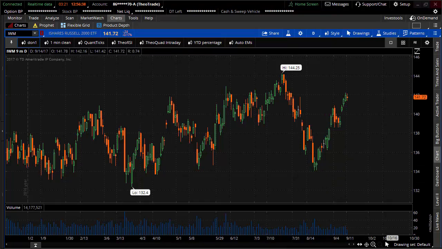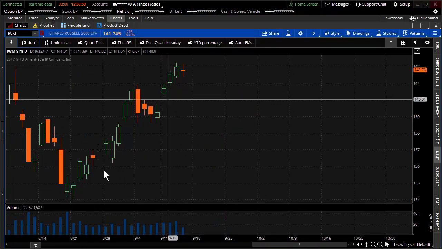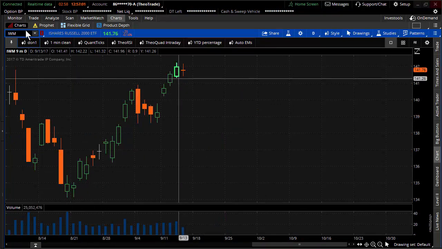So if you just round it, it's about an $8 move in less than 30 days, and considerably less than 30 trading days. So we've had a straight shot of about an $8 move.